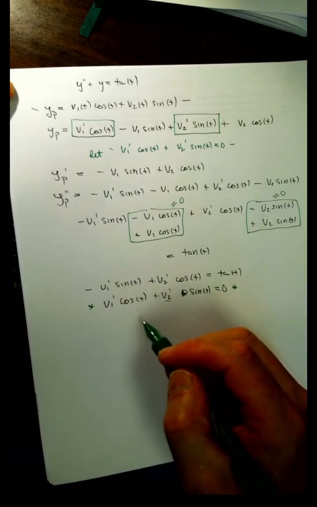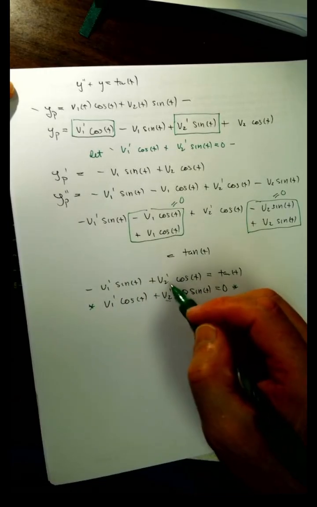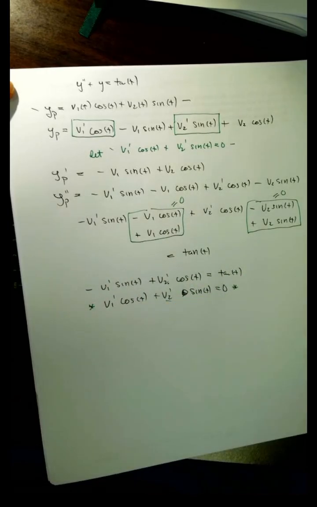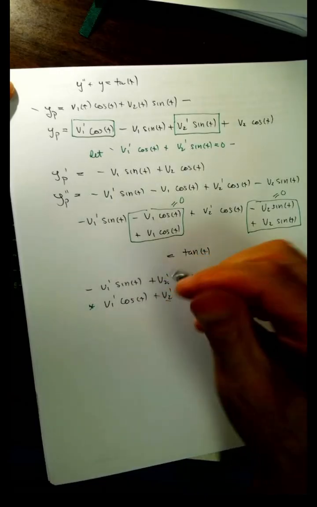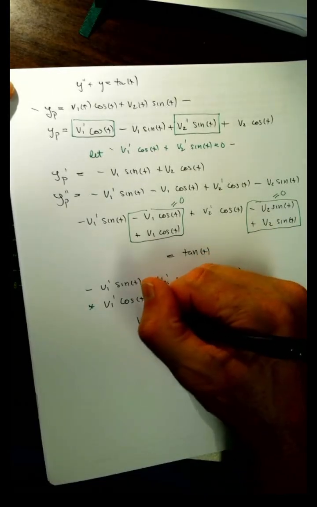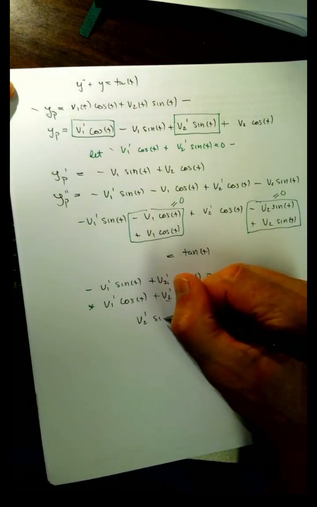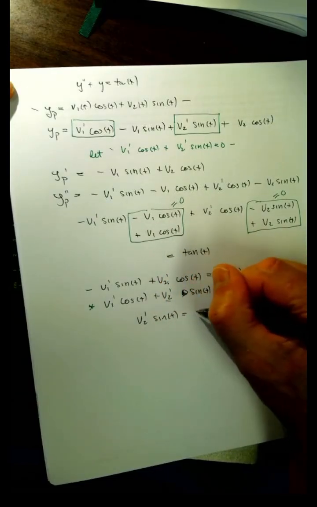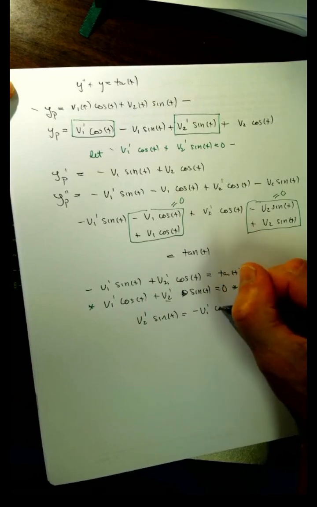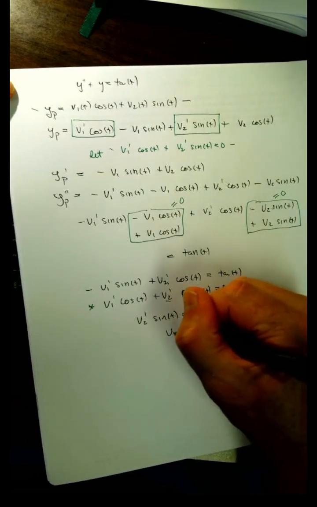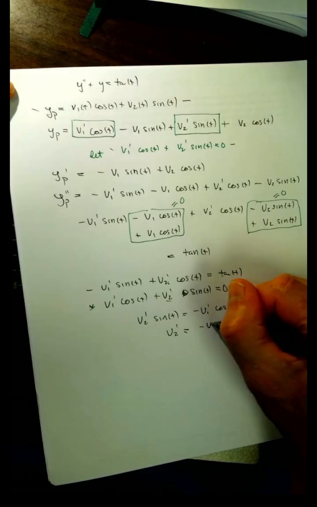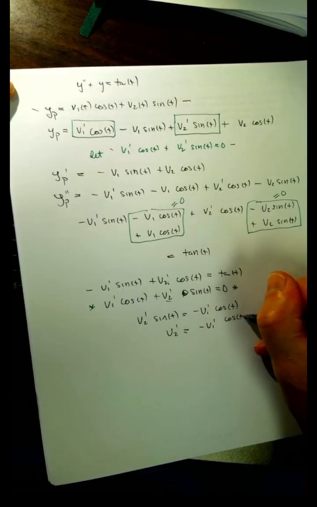That'll give me something for v2 that I can plug into here, and I'll only have v1 to mess with. So from this equation, if I subtract the v1 prime from both sides, I get v2 prime sine of t is minus v1 prime cosine of t, and v2 prime becomes minus v1 prime cosine over sine.